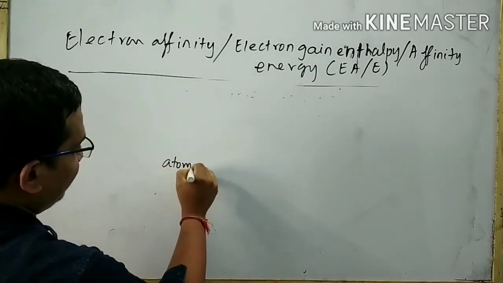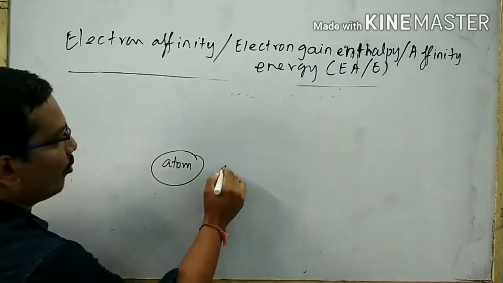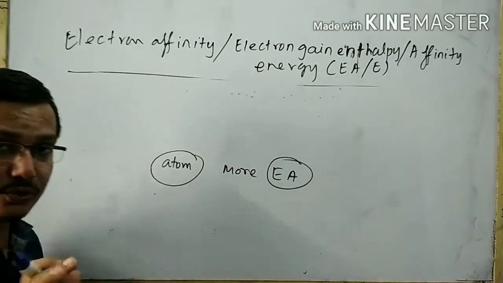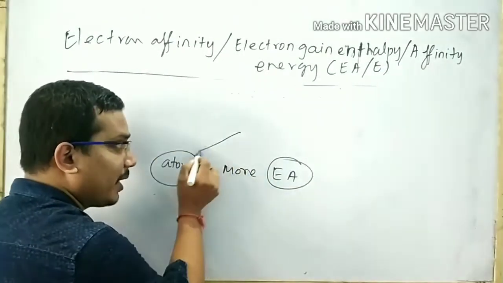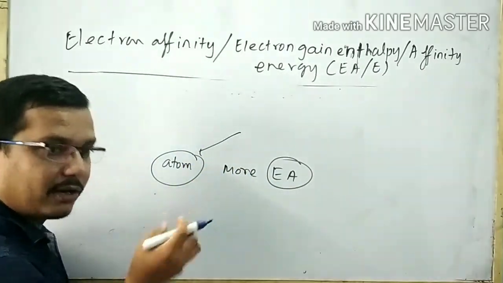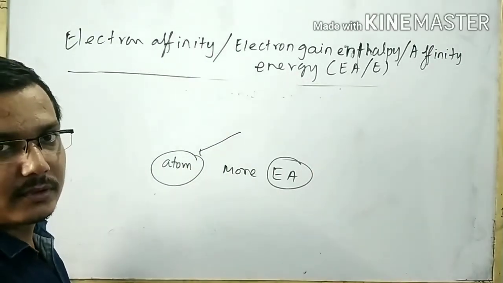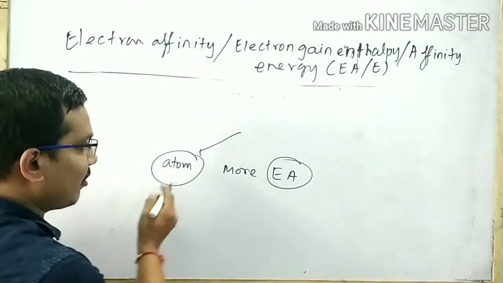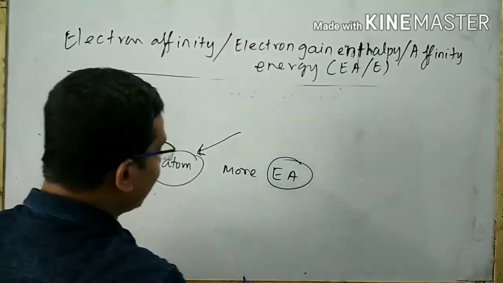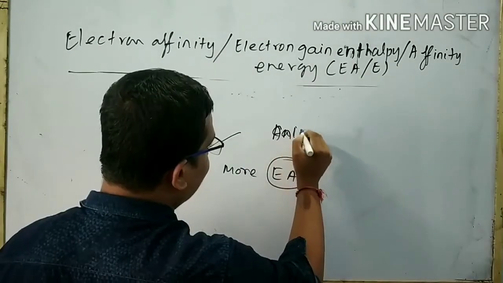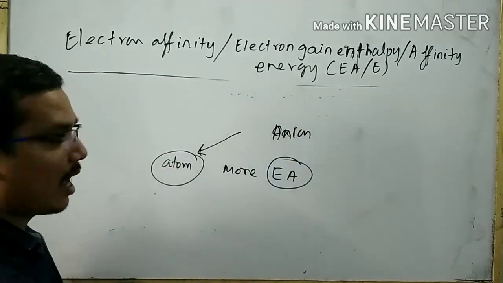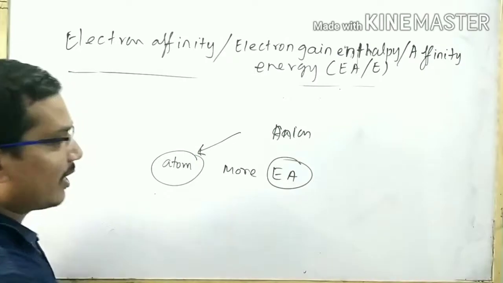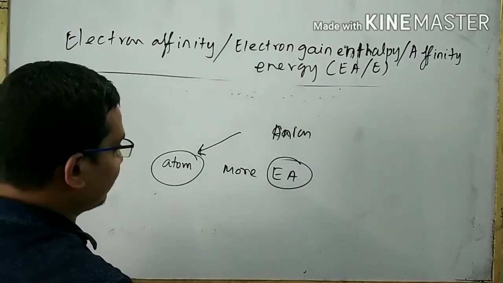Suppose an atom has more electron affinity. That means the atom has more tendency to gain the electron, and it has more tendency to convert into the anion. The atom has more tendency to gain the electron and convert into an ion.